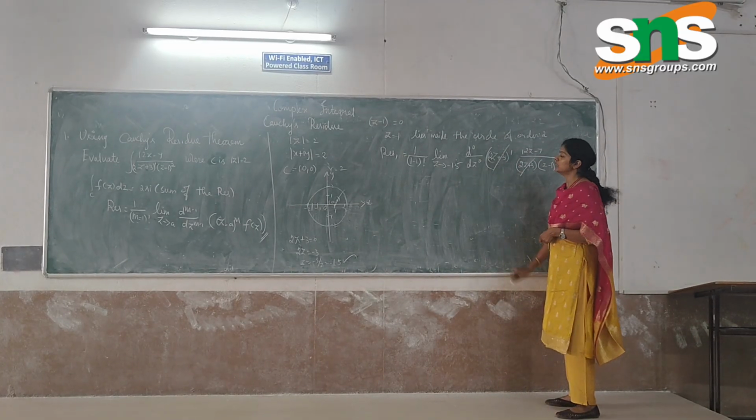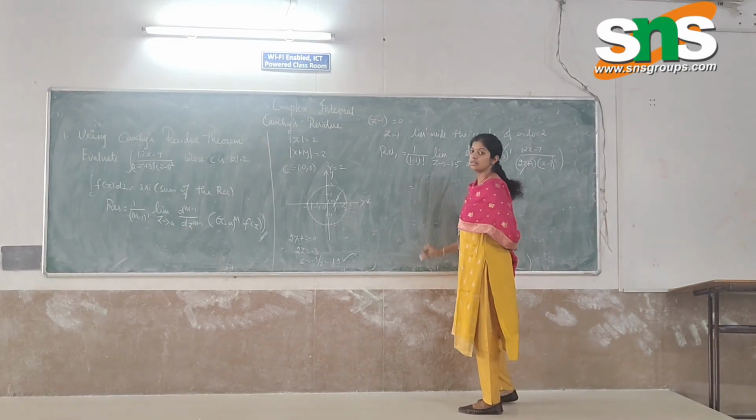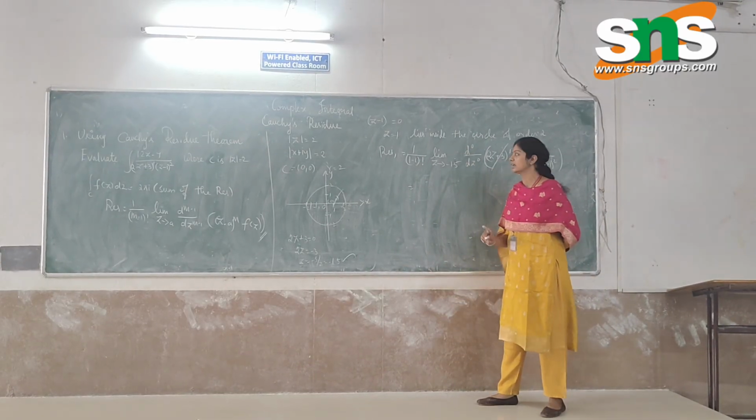So this and this will get cancelled. After cancelling, 1 minus 1 is 0, and 0 factorial value is 1.